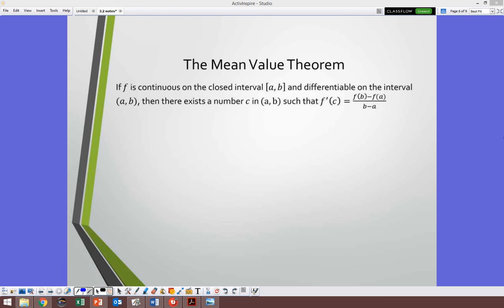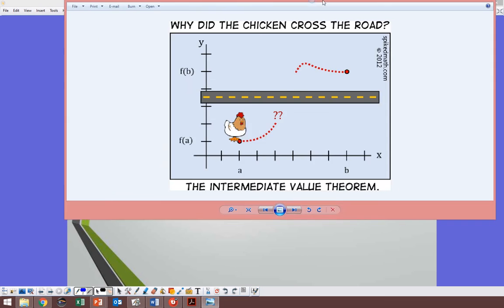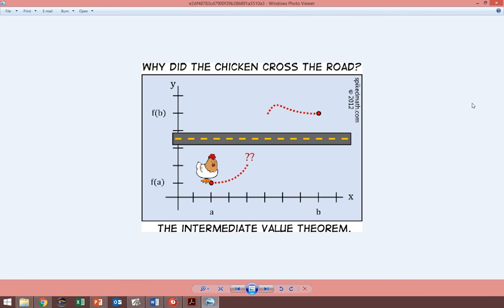Okay, let's see if this one makes a little more sense. Let me use this analogy: crossing the road. It starts here, it ends here.